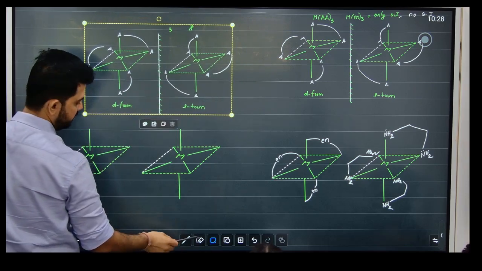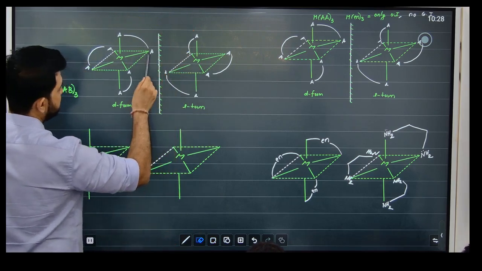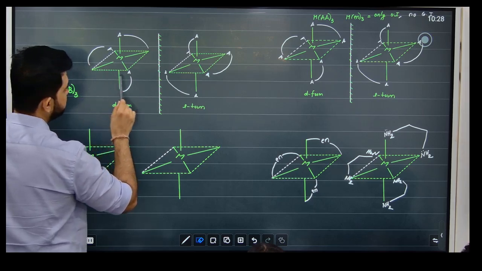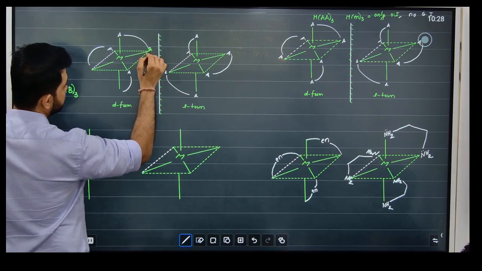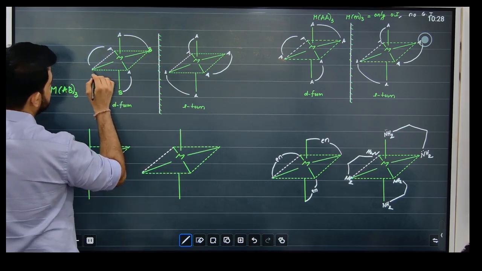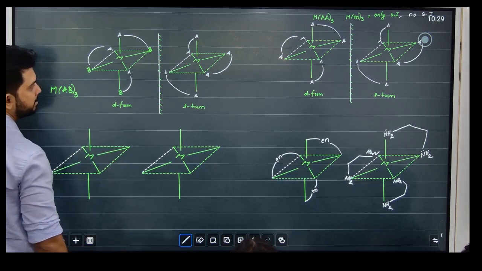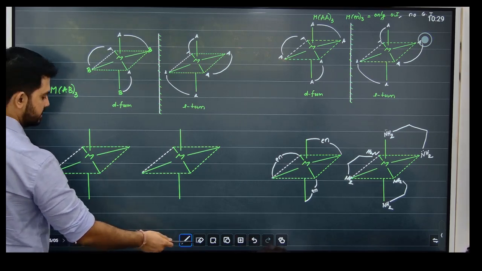For MAB3, जैसे कि एक A, change that to B. Did you people get that? Yes, yes, yes.